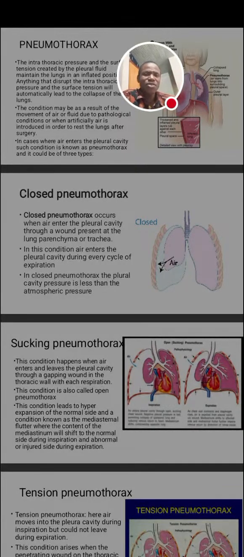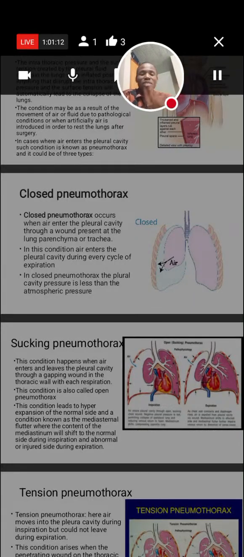For every respiration it can lead to hyperexpansion. There's a tension pneumothorax, as a result of tension, where once the wound occurs, it acts as a valve, and air cannot go out. So we're going to be looking at these things slowly and one by one in the most summarized way.